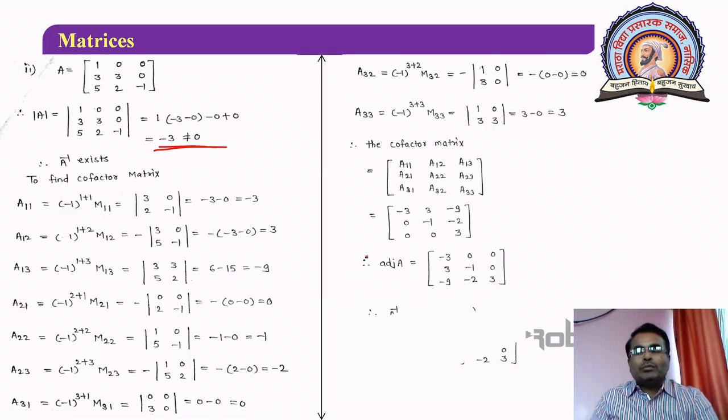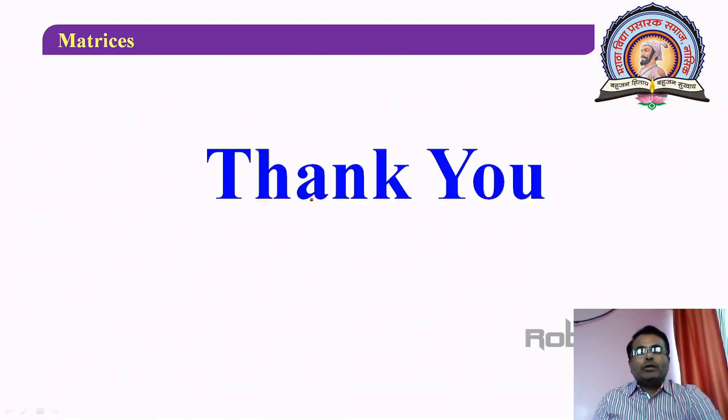So A inverse is obtained by considering 1 upon determinant A into adjoint, that is 1 upon minus 3 and these elements. Now you will observe that the given matrix was lower triangular and its inverse is also a lower triangular matrix. This way you can find the inverse of a matrix using the adjoint method.